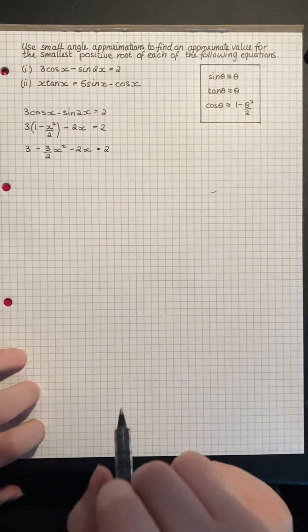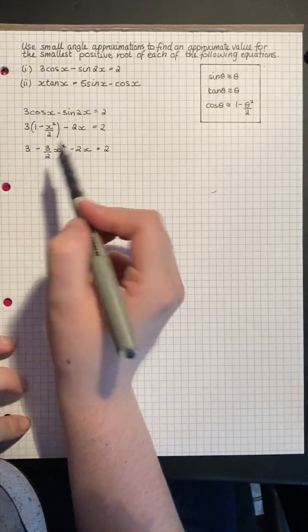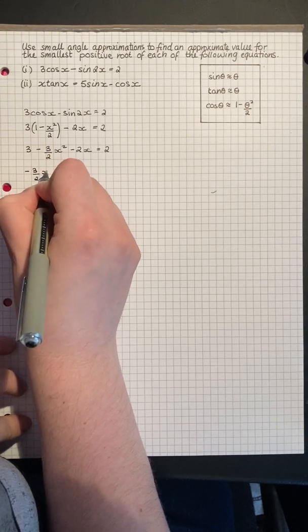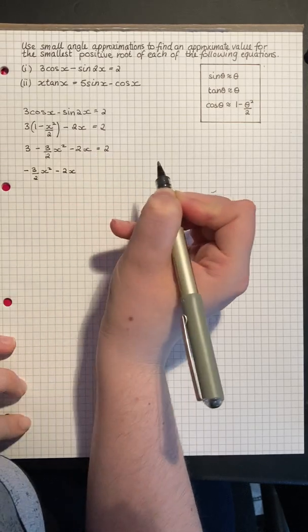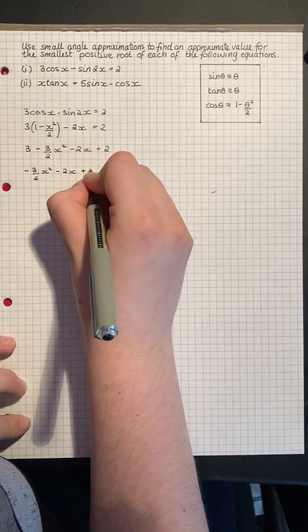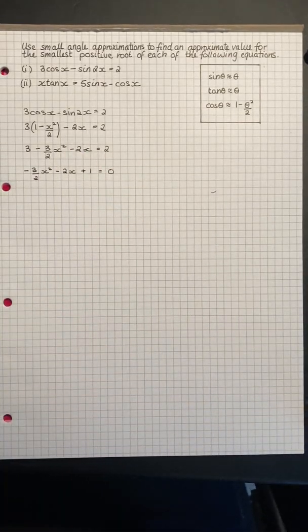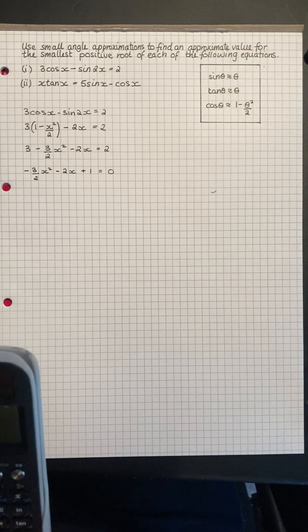Then I want to make this into a quadratic equation that I can solve, so we want to set it equal to 0. Minus 3 over 2 x squared minus 2x and then plus 1 equals 0. And now I could use the quadratic formula, but I can also just use an equation solver on my calculator.